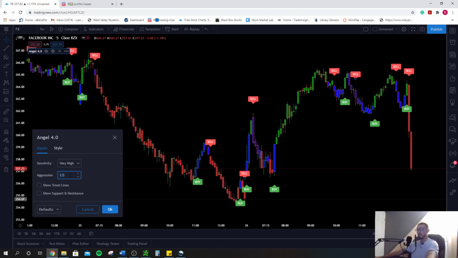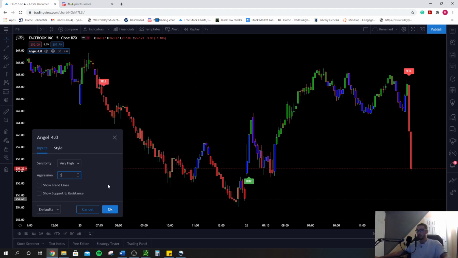And if we put it to the very max range of 5, we're going to get the least amount of signals. The reason we allowed users to do this is because every single stock and time frame is going to have different market participants and exhibit a different behavior as far as how the price action moves. So being able to adjust this and find the right settings is going to be crucial in producing the highest probability signals that this algorithm can generate.